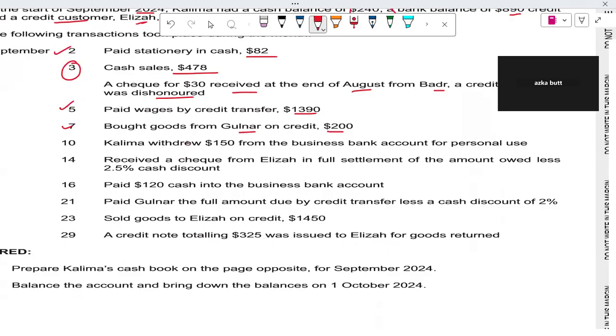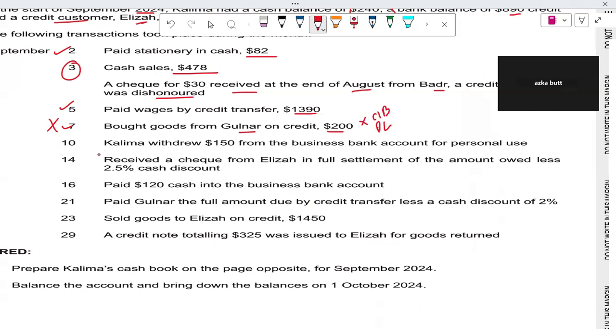Basically we bought goods from Gulnar on credit, but we don't need to record a credit entry in the cash book. We will record it in the purchase ledger.